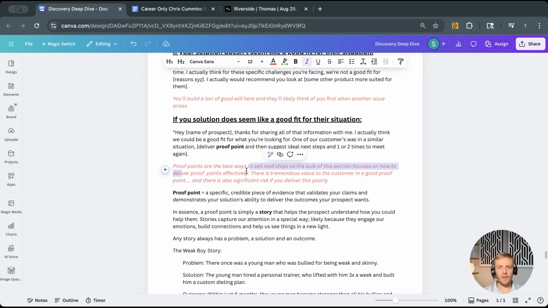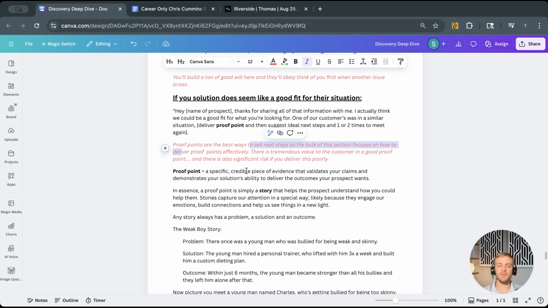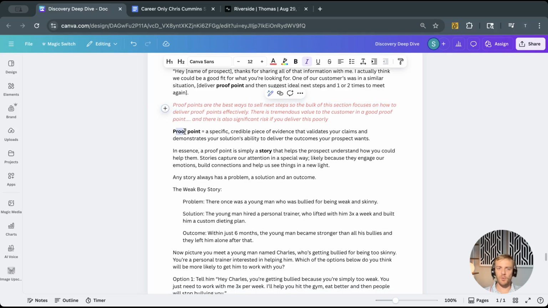There's tremendous value to the customer in proof points, and as I've experienced myself, there is risk if you deliver proof points poorly, or if you use one that's not relevant. So, what is a proof point? A proof point is a specific, credible piece of evidence that validates your claim and demonstrates your solution's ability to deliver the outcomes your prospect wants. Right?